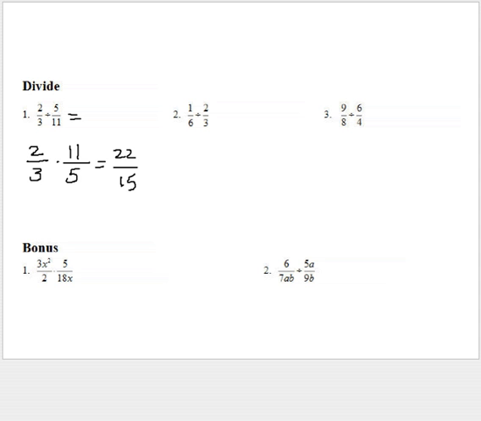Good. All right, Jeffrey, could you tell me what's your answer for number 2, please? Okay, we have 1/6. We have to change division to multiplication. And we reduce, and Jeffrey has 1/4. Could you put a check mark next to your name if you are agreeing with that? Looks like we can reduce both of these into 1/2.